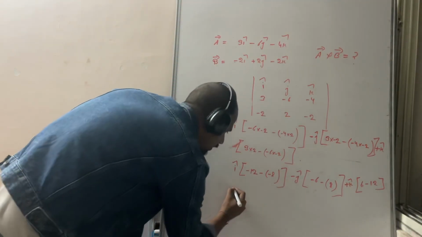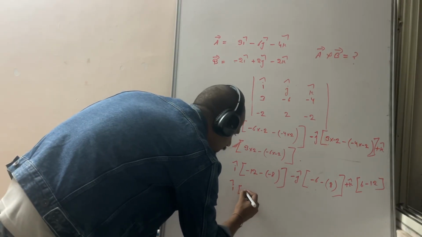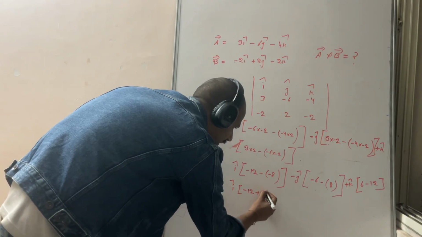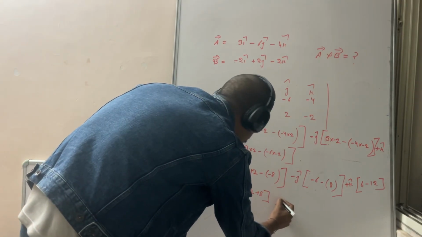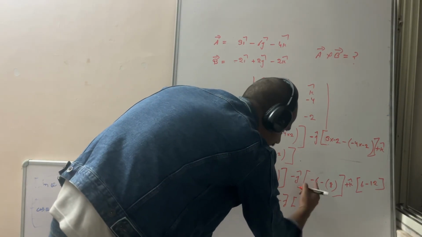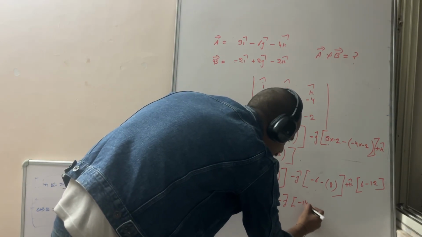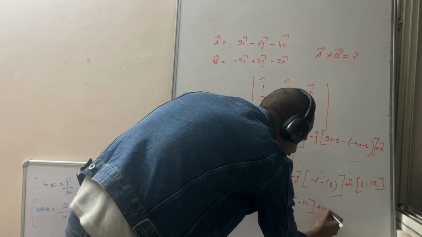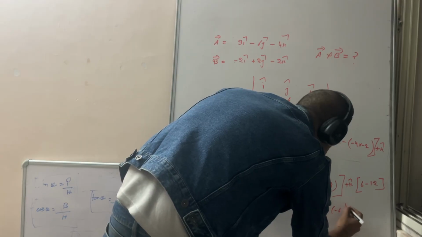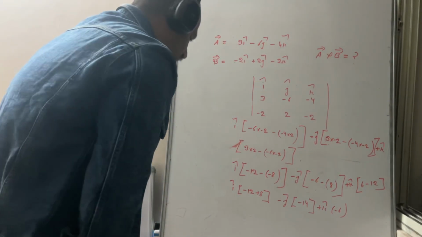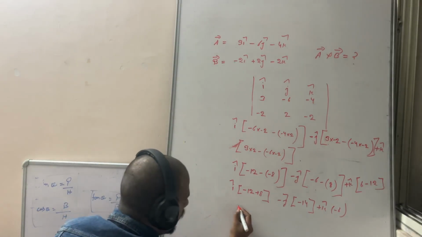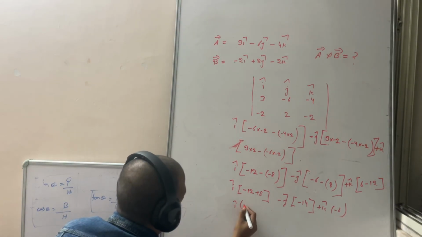Now I: minus 12 plus 8 gives minus 4. Minus j: minus 6 minus 8 is minus 14, so it becomes plus 14j. Plus k: 6 minus 12 is minus 6.